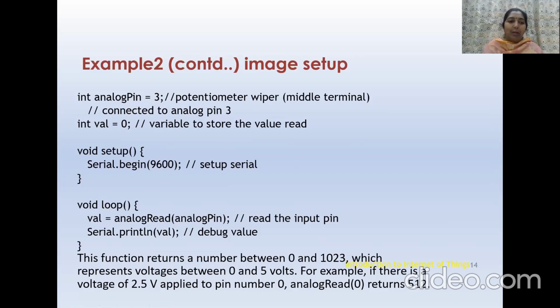This is nothing but a variable, and you should always declare it using a data type such as integer. Here value is a variable used to store the input values read from the analog pin, and the analog pin is A3, which is connected to the potentiometer.